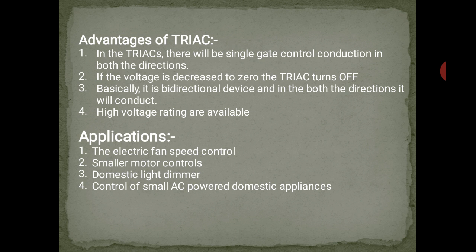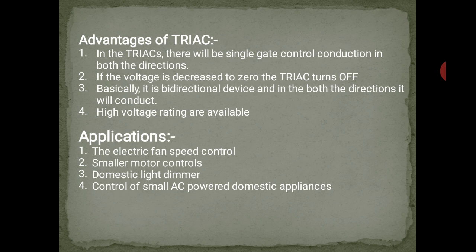Advantages of the triac. In the triac, there is a single gate controlling conduction in both directions. If the voltage is decreased to 0, the triac turns off. Basically, it is a bidirectional device and in both directions it will conduct. High voltage ratings are available.